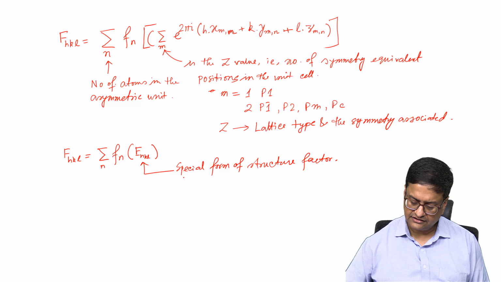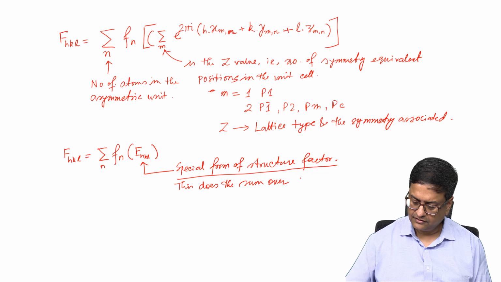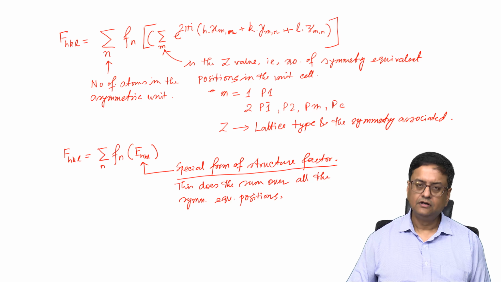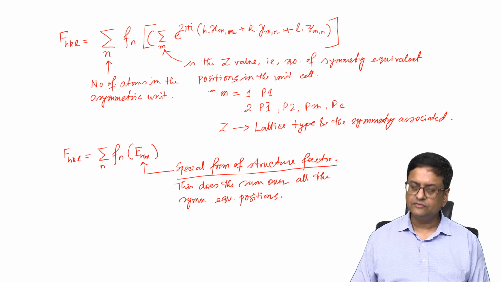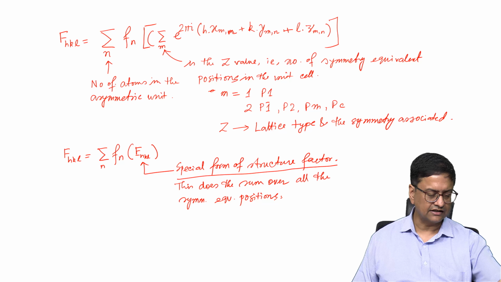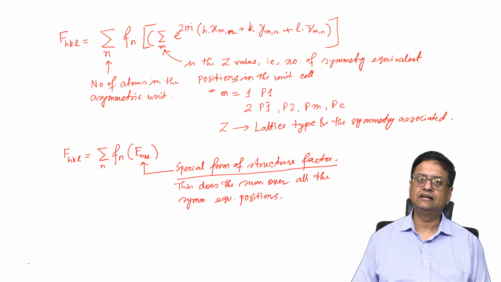So, this does the sum over all the symmetry equivalent positions. So, now if we start using this concept for a very simple lattice like P1 bar and then slowly move to the cases of P21 and so on, we will see how this structure factor expression changes its value depending on the symmetry that is present.